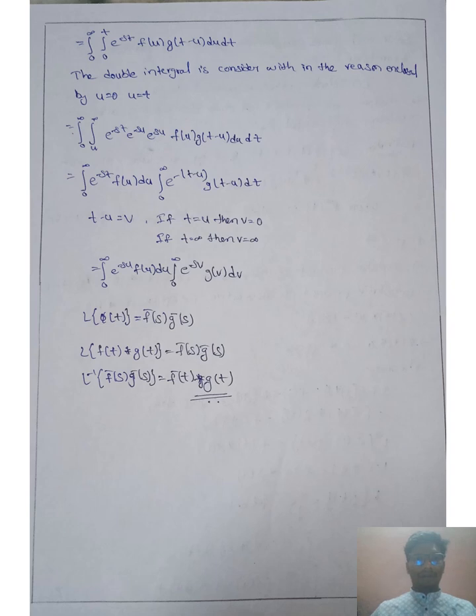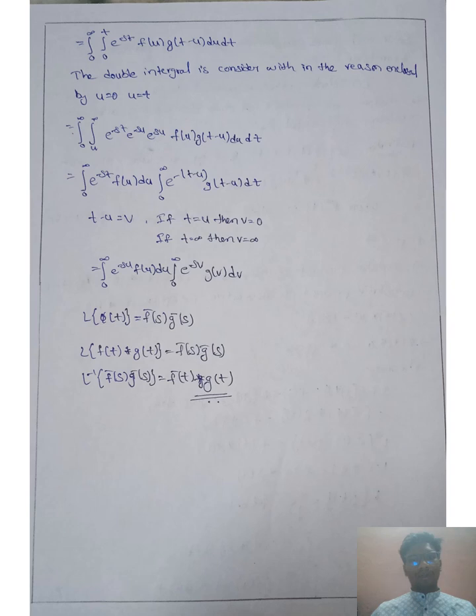From the above equation, taking all the integrals on one side: the integral from 0 to infinity, the integral from 0 to t, e to the minus st f of u g of t minus u du dt. The above integral is considered over the region enclosed by u equals 0 and u equals t. The integral from u to infinity of e to the minus su, e to the minus sv, f of u g of t minus u du dt.